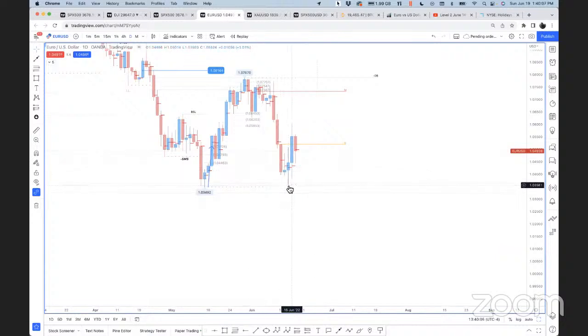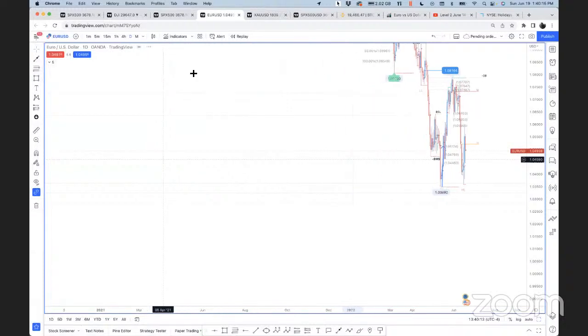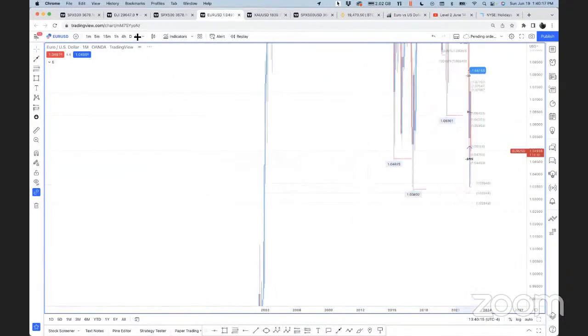So we held this area that's highlighted right here, which is off of a larger time frame zone.